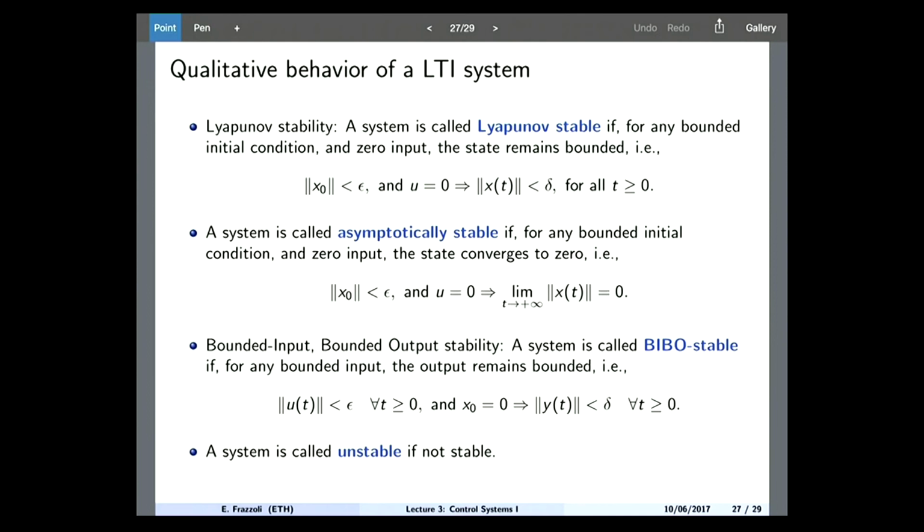I say that a system is asymptotically stable if, no matter where I start my initial condition, eventually my system will go back to near the equilibrium. This is very important, because if a system is asymptotically stable, initial conditions do not matter eventually.